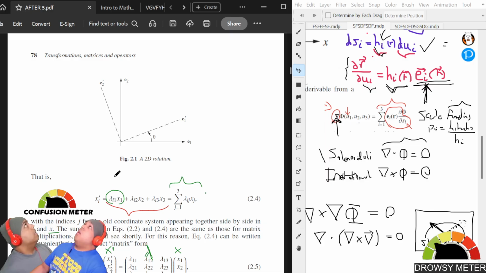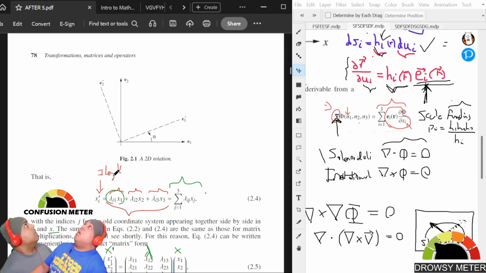Xi prime. What is Xi prime? Xi prime is like the new length, right? This is just one length there. One length equals small length plus small length plus small length, right? Yeah.